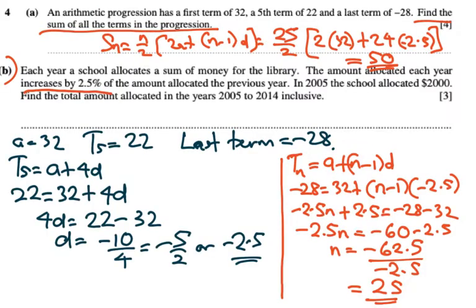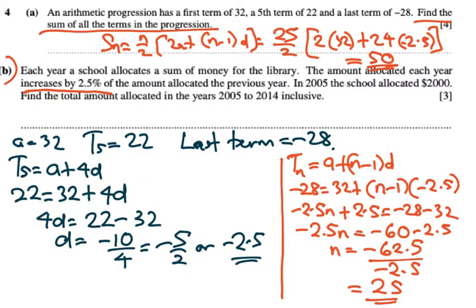So the question here is, what is the total amount allocated in the years 2005 to 2014 inclusive? 2014 inclusive, remember. So how many years is that from 2005 to 2014? It's not 9 years because you have to include 2014 as well.